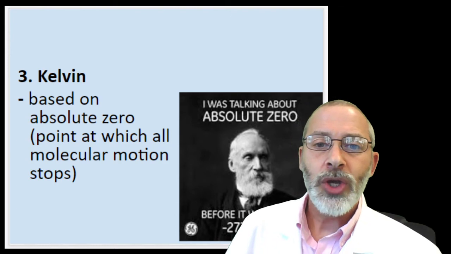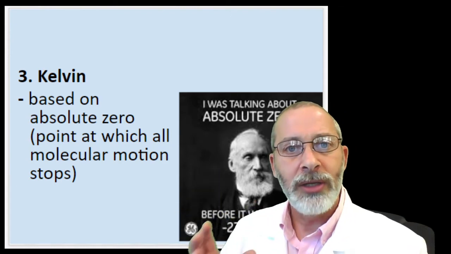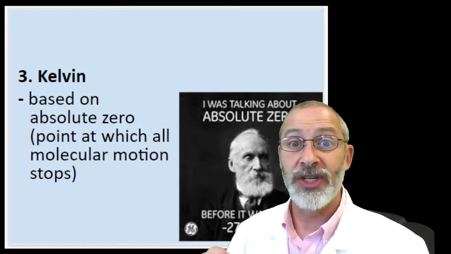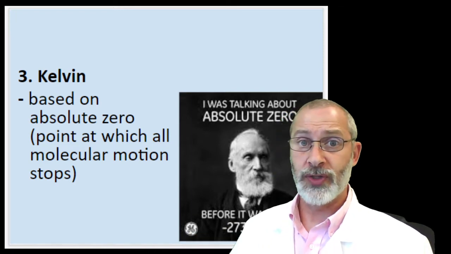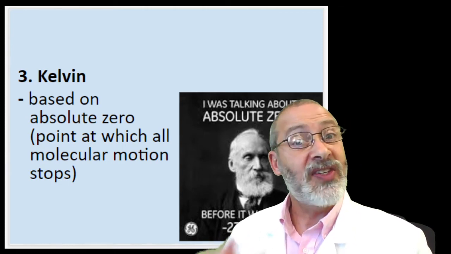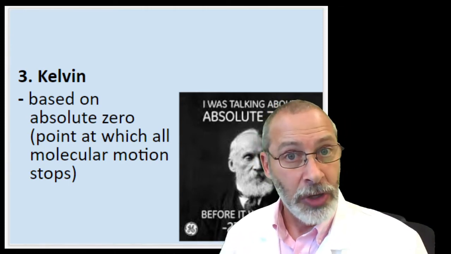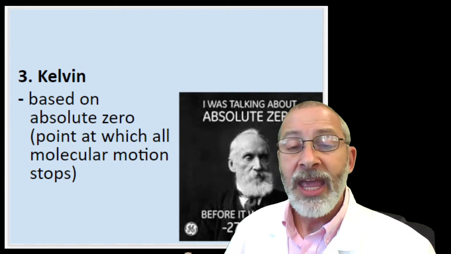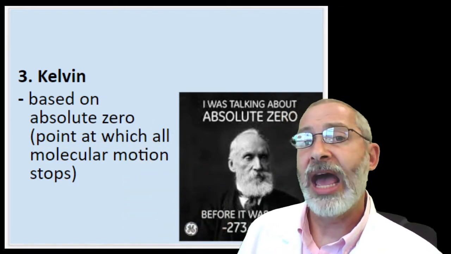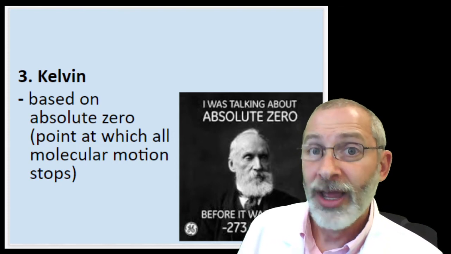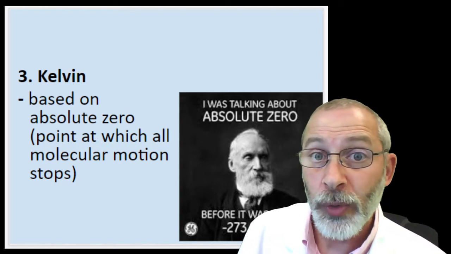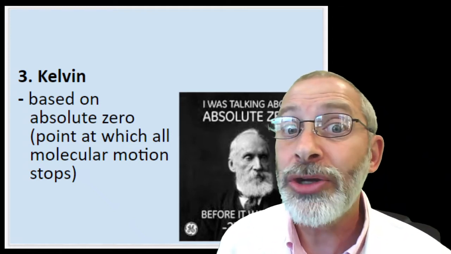So Lord Kelvin was doing experimentations at extreme temperatures, extremely low temperatures. And so all he did was use the centigrade scale, now known as the Celsius scale, and based on that scale, he calculated at what temperature all molecular motion would stop, or the point at which there would be zero kinetic energy.